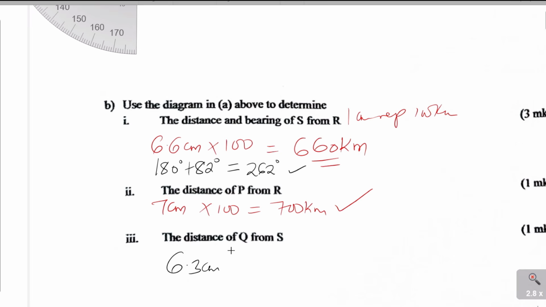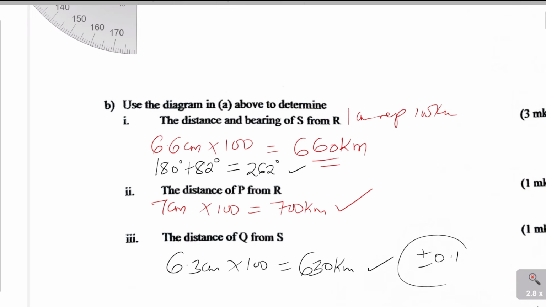You multiply that by 100, and this will give 630 kilometers. For these measurements, a slight allowance of plus or minus 0.1 is always given, so don't worry about the slight difference that you get.